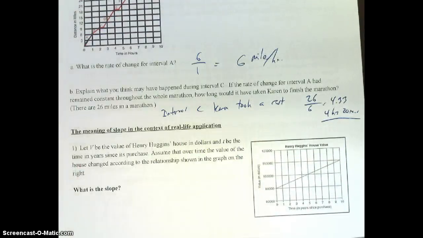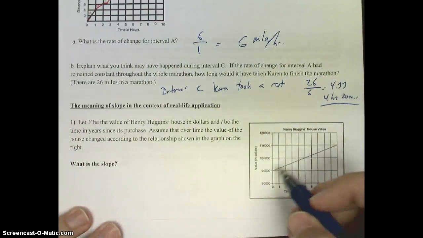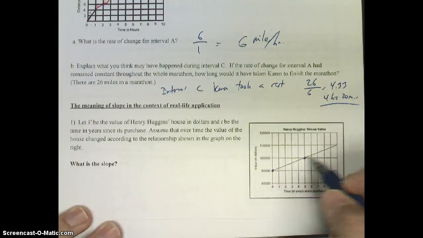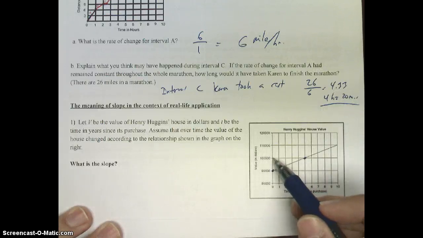All right? Good. The meaning of slope in the context of real-life application. Let V be the value of Henry Huggins' house in dollars, and T be the time in years since it's purchased. Assume that over time, the value of the house changed according to the relationship shown in the graph on the right. What's the slope? You're always looking for points. So look where it hits. Rise over run. I'm rising up $10,000.